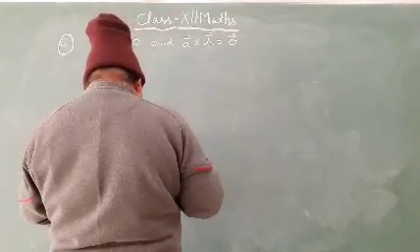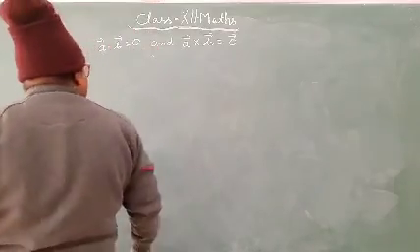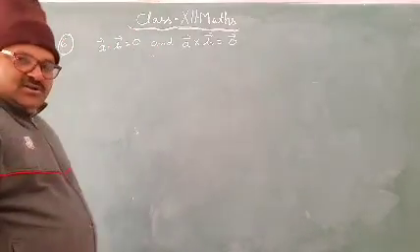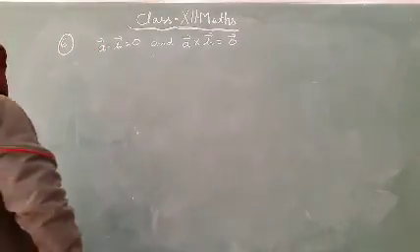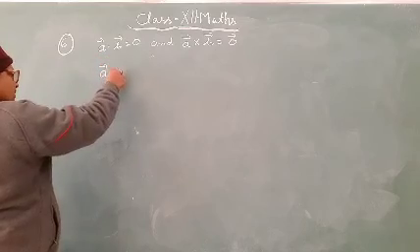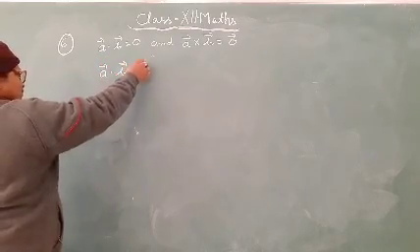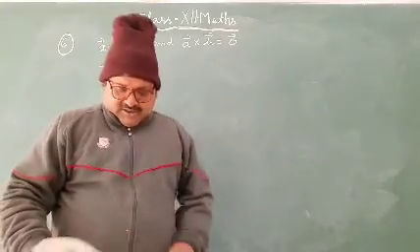What can you conclude about vector A and vector B? Vector A dot vector B is equal to 0.